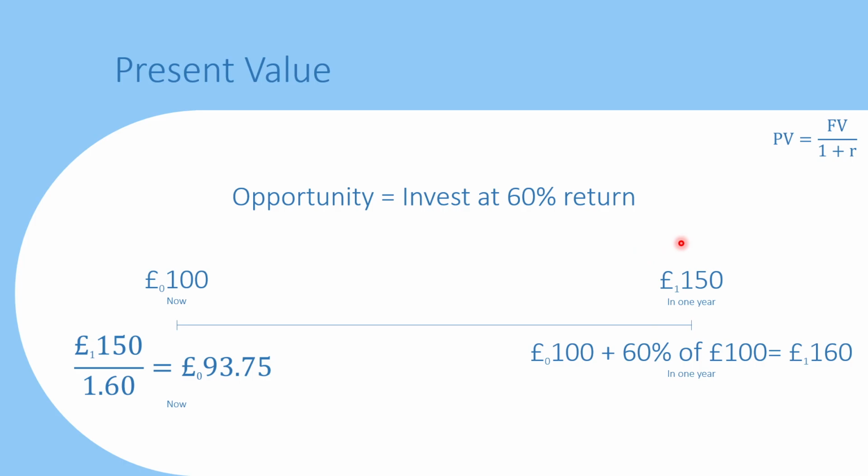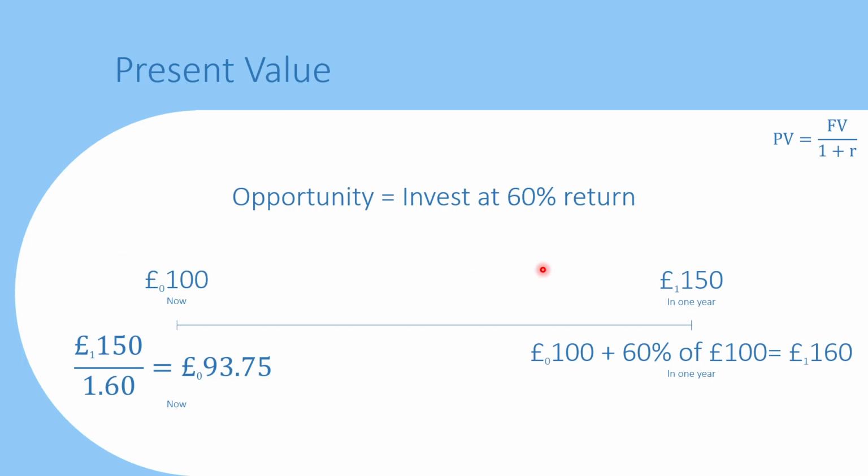If you were to calculate the present value of the 150 instead, so the 150 is to be earned in 1 year's time, and you want to know how much that is worth right now at time 0, you can use the present value as well. That present value gives me 93.75 when I take that 150 and divide it by the 1.60. Now, when you compare this 93.75 to the 100, again, the 100 is better.